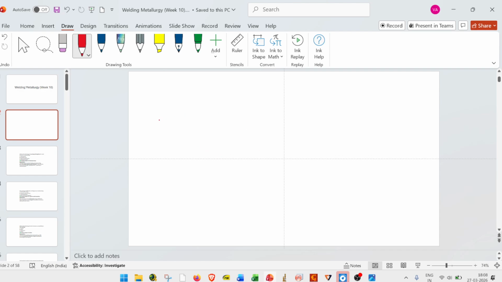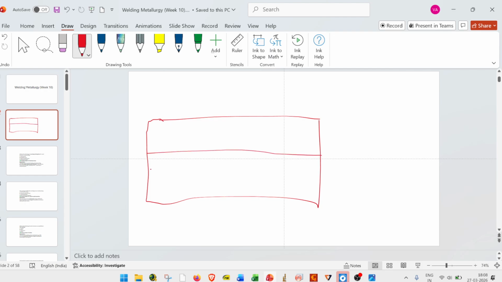So if you consider this is the weld bead, and this is the base material, and this is the weld bead.